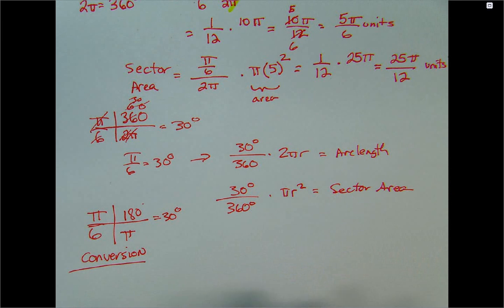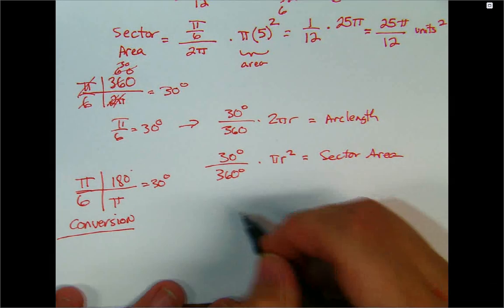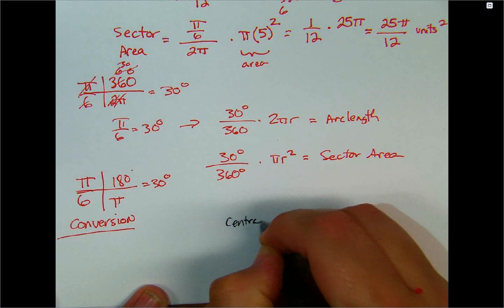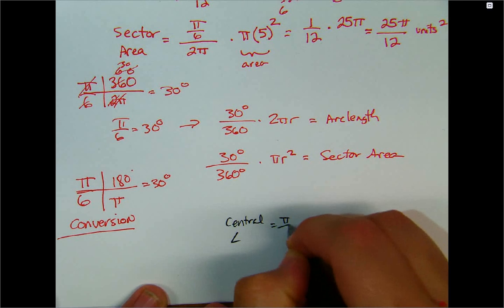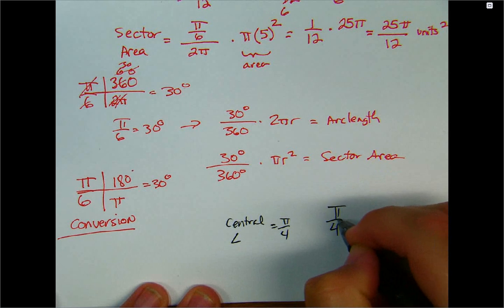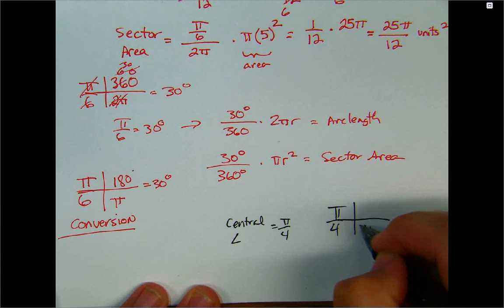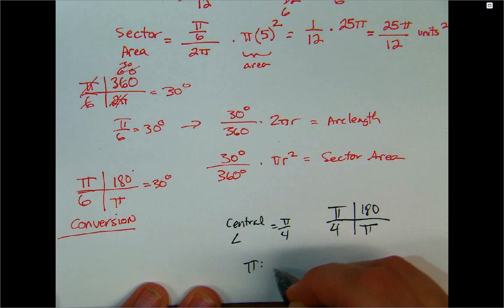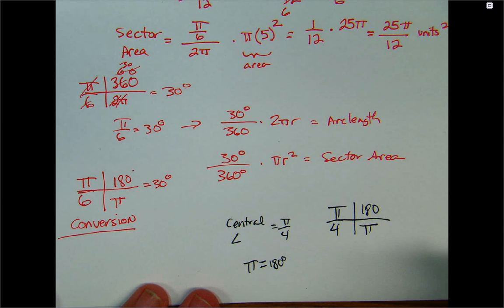For example, if your central angle is equal to pi over 4, you could just take pi over 4 and say, all right, well, the conversion factor is pi is equal to 180 degrees. Divide out your pi's, they go away, and then it's just 180 divided by 4, which is 45 degrees.